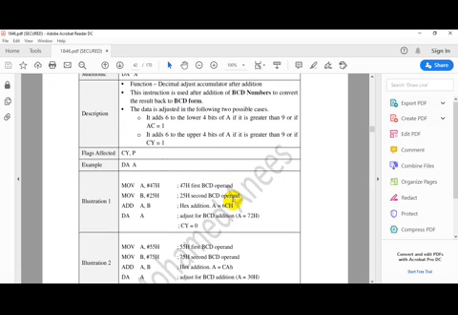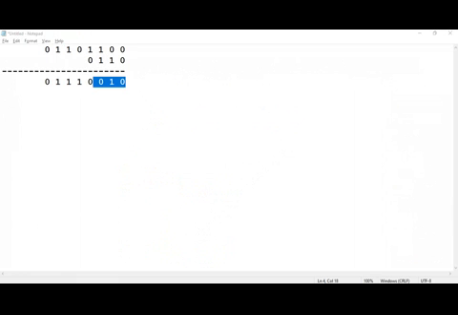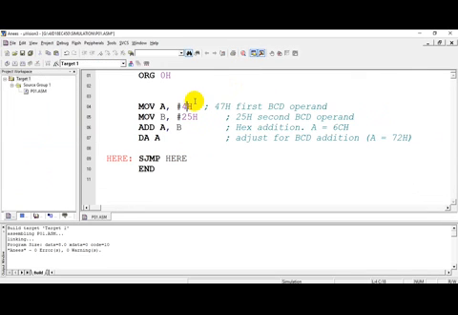Now one important thing I want to tell you here. As I told, the decimal adjust accumulator works only on BCD numbers. Hence, the input should always be a valid BCD number. What is the meaning of it? For example, in the same example, if I write here 4C, you will see that the results will not be correct.